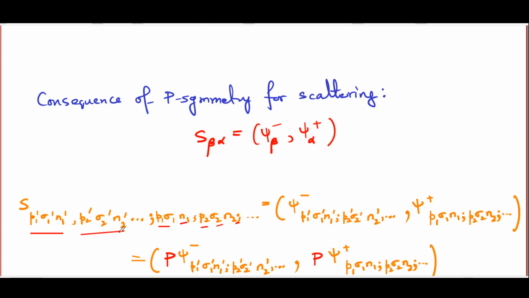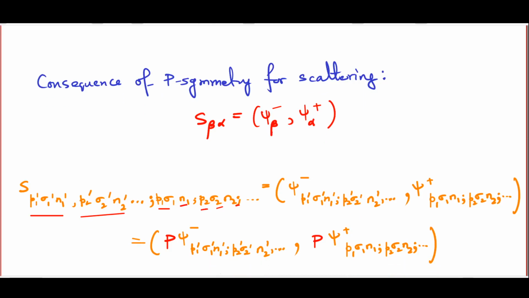This is of course the overlap between psi minus P1 prime sigma 1 prime N1 prime P2 prime sigma 2 prime N2 prime and so on, with psi plus P1 sigma 1 N1 P2 sigma 2 N2 dot dot dot. Now, because we have assumed that the unitary operator capital P exists, we can supply both of these elements in the inner product with the same capital P as we have done here, and that is of course not going to change the overlap.